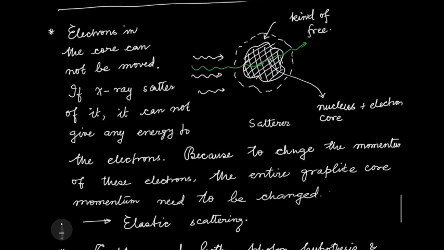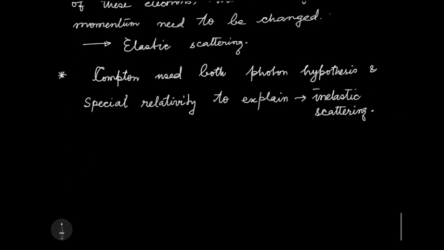So now this is a very interesting explanation, so let me grab all your attention here. These electrons are rather free. I can change their momentum, because if I want to change their momentum, I don't need to change the momentum of the entire graphite thing which is there, but just that single electron.